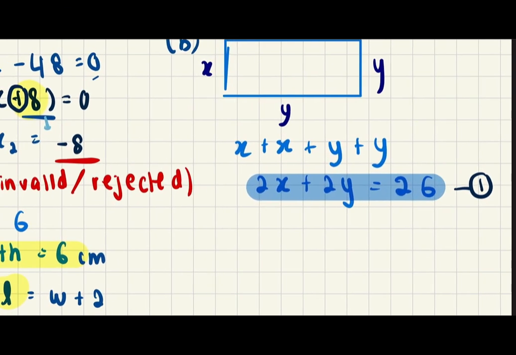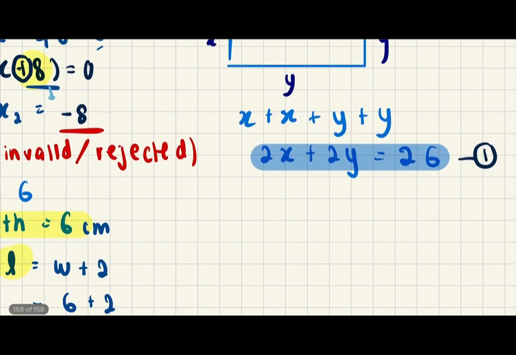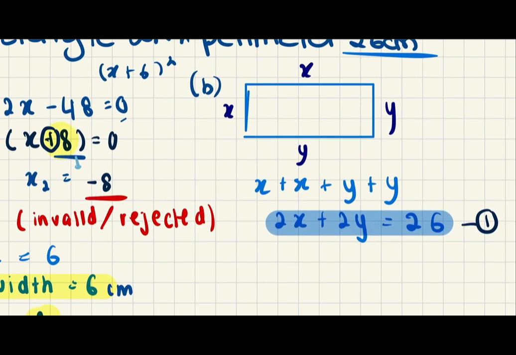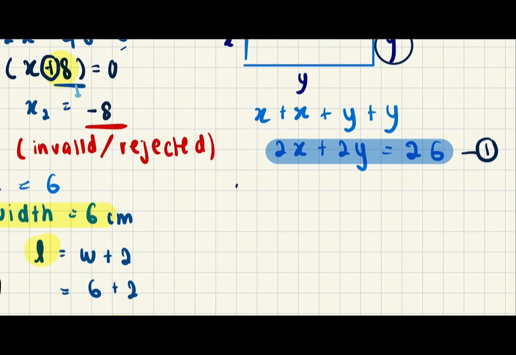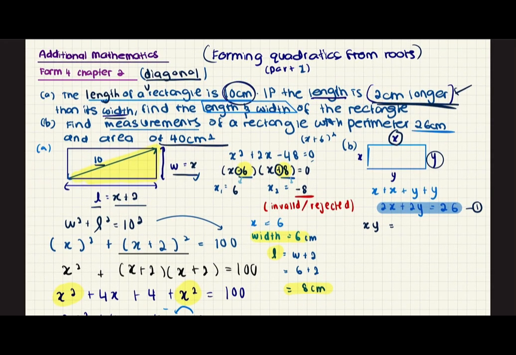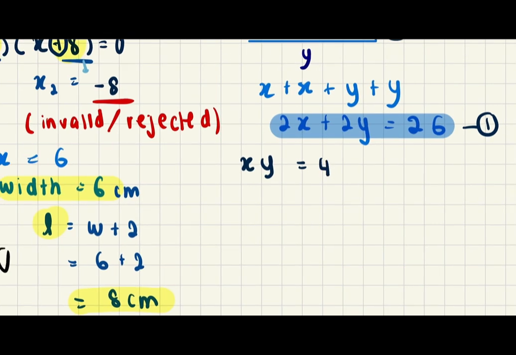For area, you multiply the length with the width, so x times y is just xy equals the area, 40 centimeters. This is your equation 2.